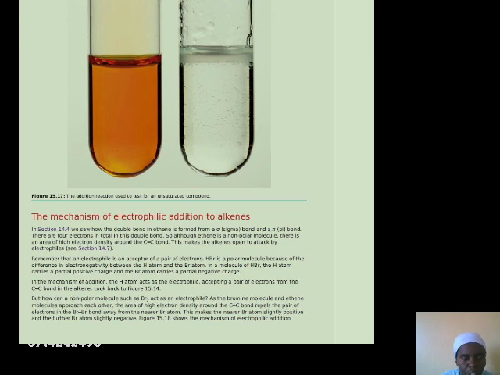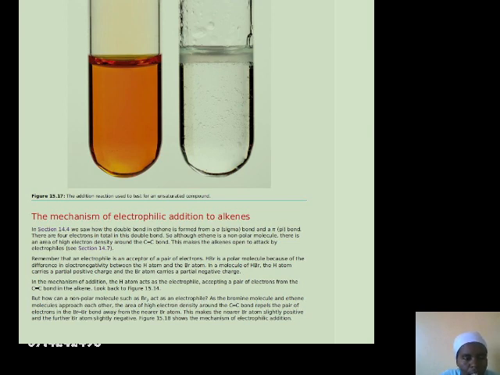In that molecule, the hydrogen atom has a partial positive charge and the bromine atom has a partial negative charge. So in the mechanism of addition, the hydrogen atom will act as an electrophile, which is an electron acceptor. It will accept a pair of electrons from the carbon-carbon double bond in the alkene.